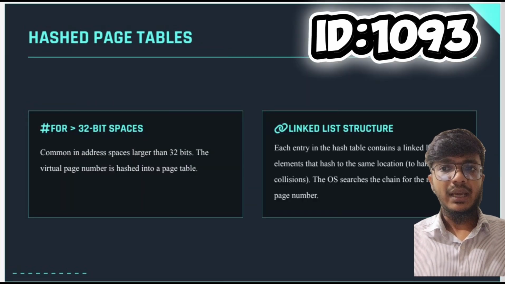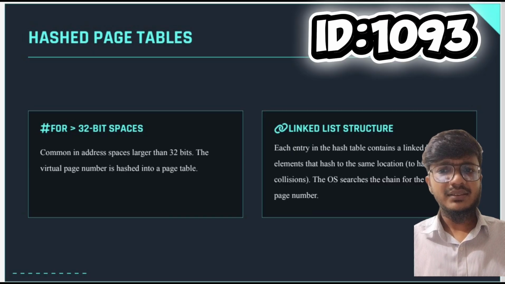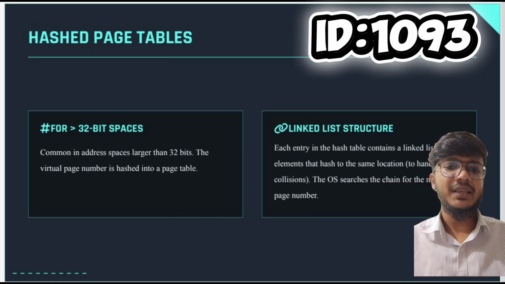Now I'm talking about hashed page tables. When the address space exceeds 32 bits, standard paging becomes inefficient. In such scenarios, we use hashed page tables. In this method, the virtual page number is mapped to a hash table using a hash function.